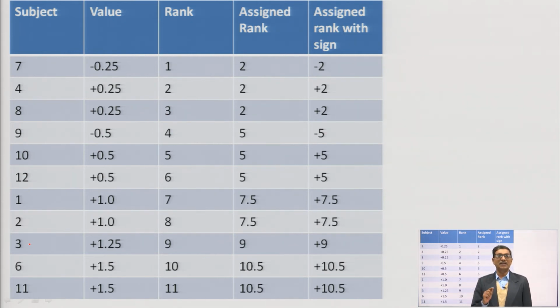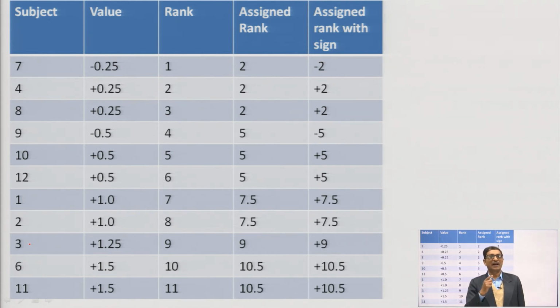Now we first rank the difference values ignoring the sign. So for this 0.25 we write rank 1, for the second 0.25 we rank 2 and for the third 0.25 rank 3. But we see that these ranks 1, 2, 3 are tied for the same value, because rank 1 has value 0.25, rank 2 also has 0.25, rank 3 also has 0.25.